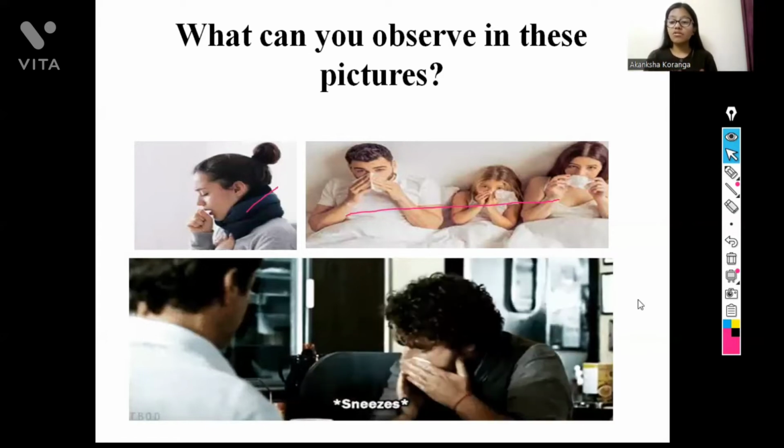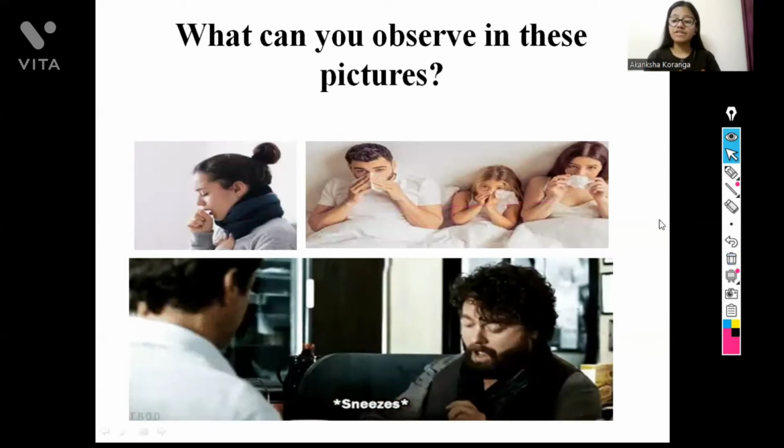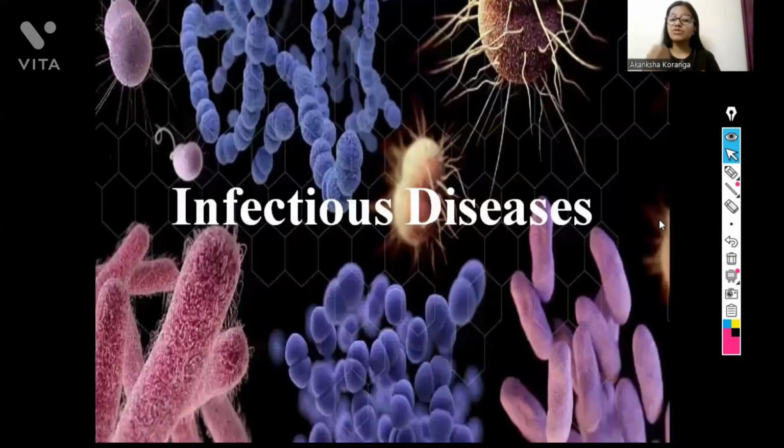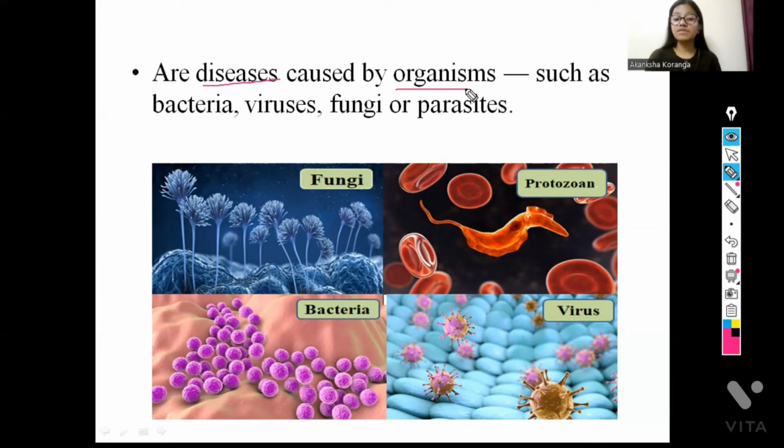So now we will move on to our next slide where we will see our today's topic, infectious diseases. Now we will see some important points about this disease. This infectious disease is caused by certain organisms, and these organisms are called pathogens.